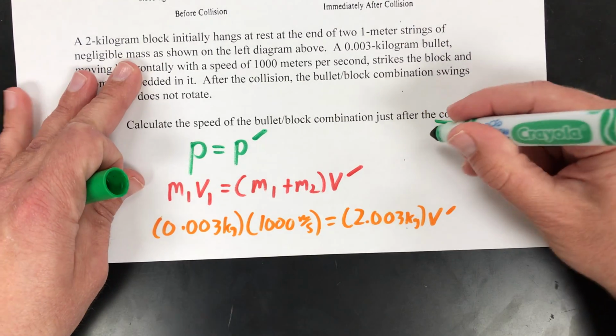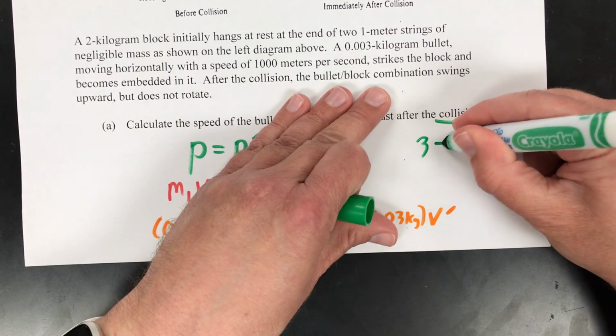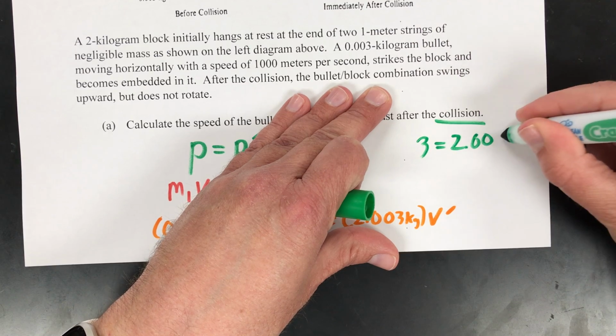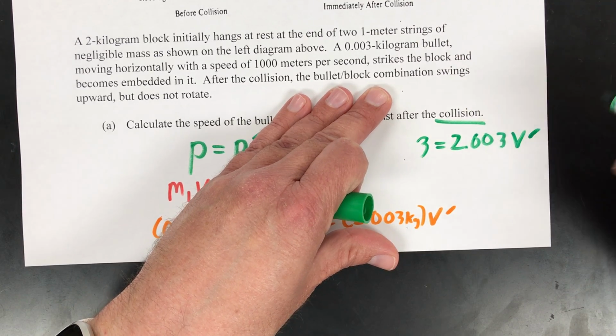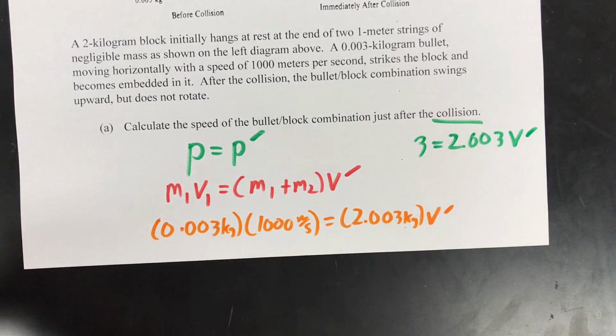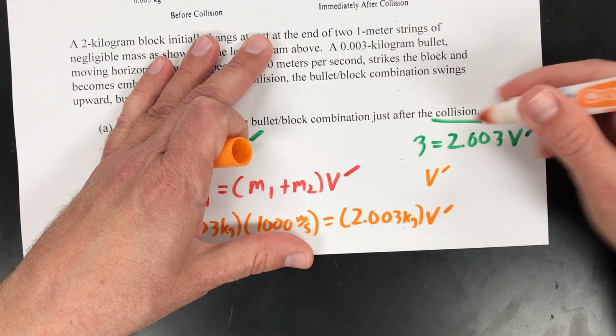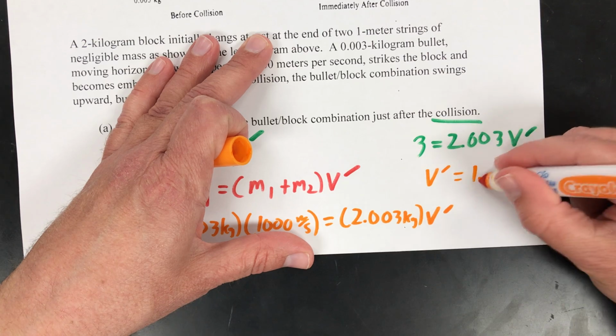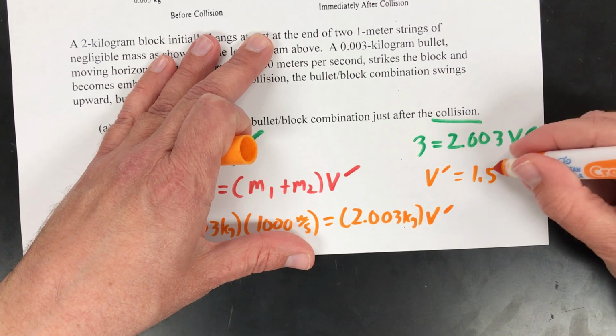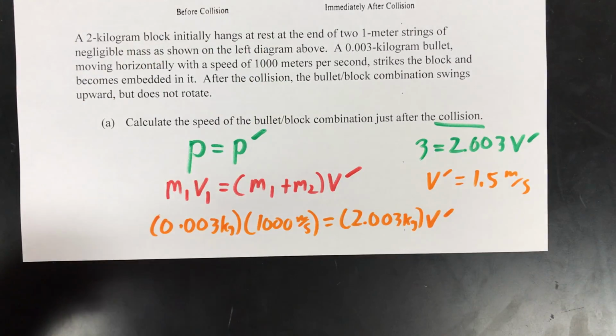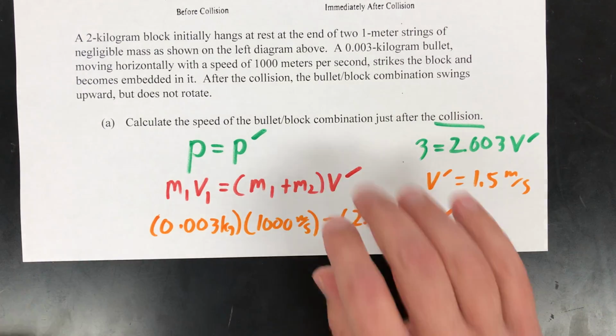That will actually just give us 3 is equal to 2.003 times the unknown velocity, and then just divide each side by 2.003. So it's basically 3 divided by 2. So it's basically, if you round off, 1.5 meters per second there.